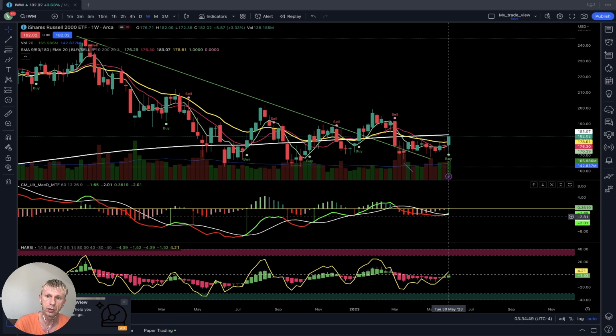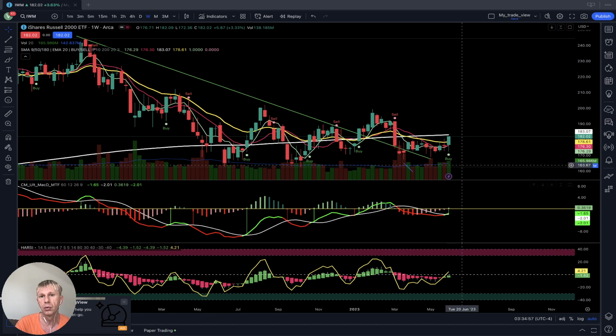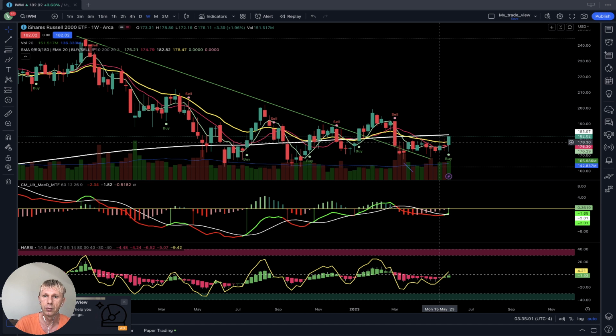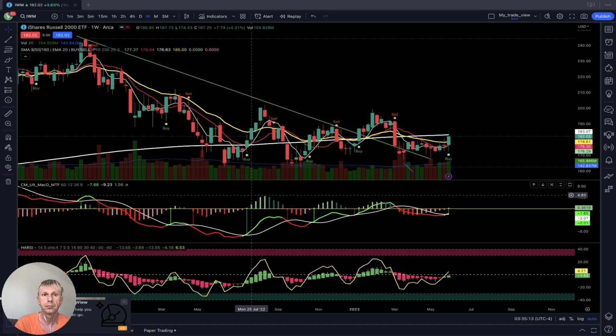MACD did bullish crossover, green line. Heikin-Ashi green, RSI did bullish crossover on the weekly time frame. Nice positive bullish reversal signal. But remember, still moving averages below 200, bearish territory. Still MACD below zero line, it's a bearish territory. Heikin-Ashi is still below zero line, it's a bearish territory also.